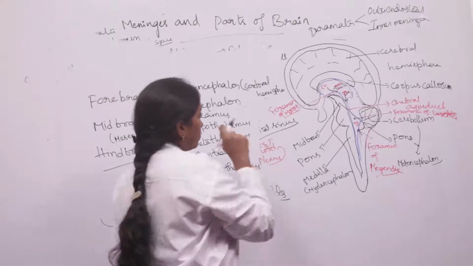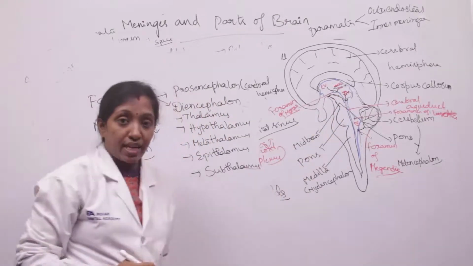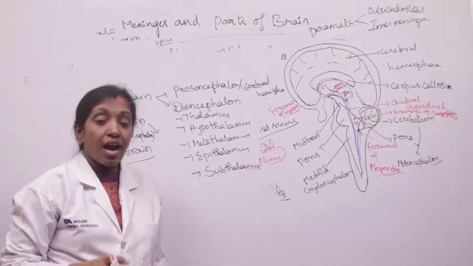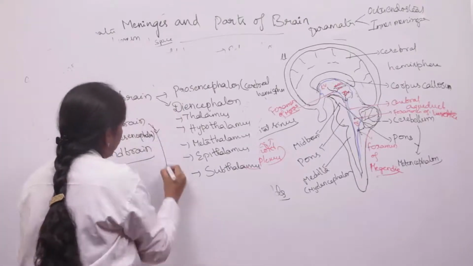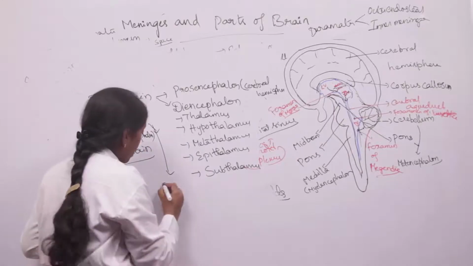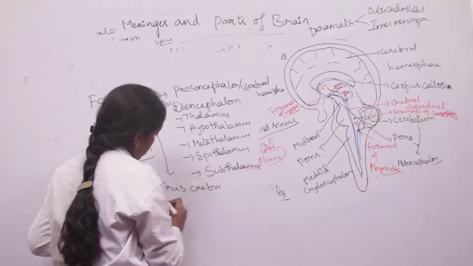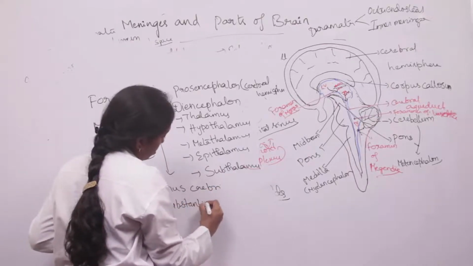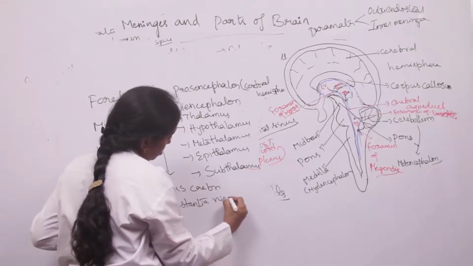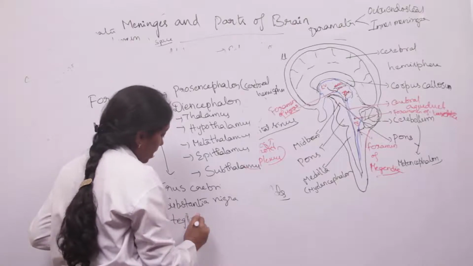Okay, so this is the midbrain, and the midbrain consists of crus cerebri, substantia nigra, tegmentum and tectum, from before backwards.